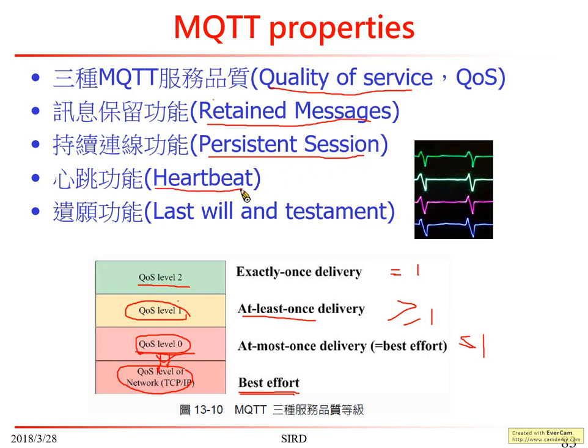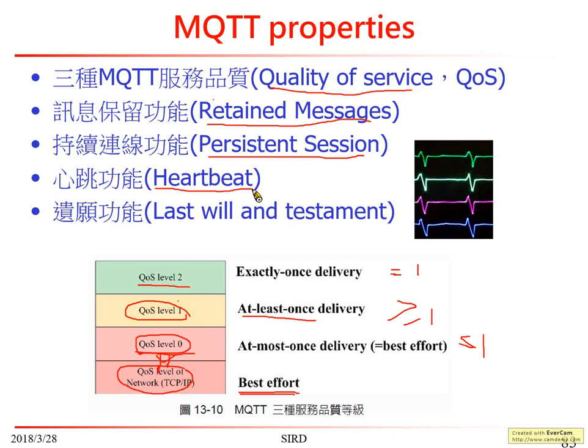And heartbeat is easy to understand, because when any client and the broker want to communicate with each other using TCP, they must build the connection first. Okay? After you build the connection using 3-way handshaking, the client has to send some signal to the broker to tell the broker that I'm still alive.